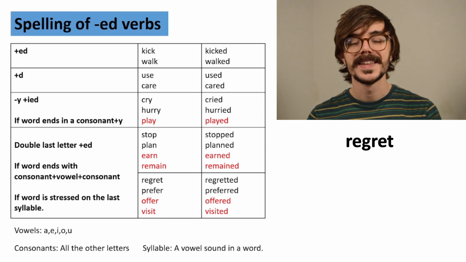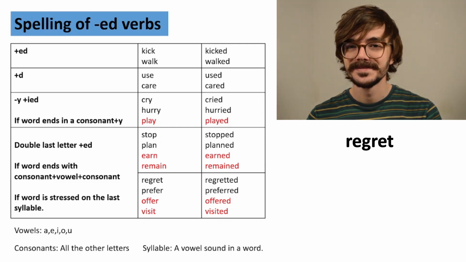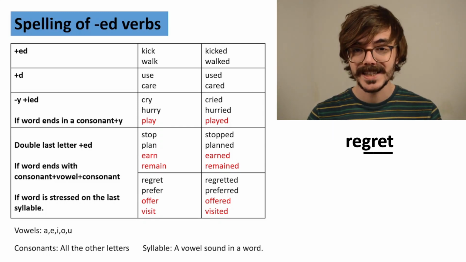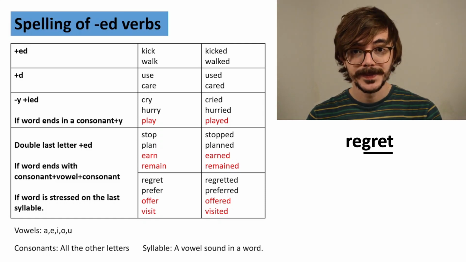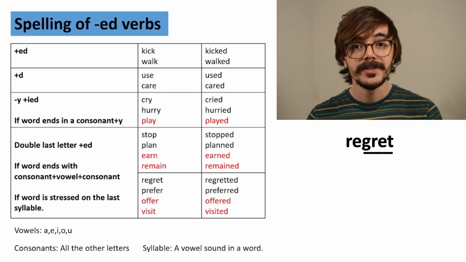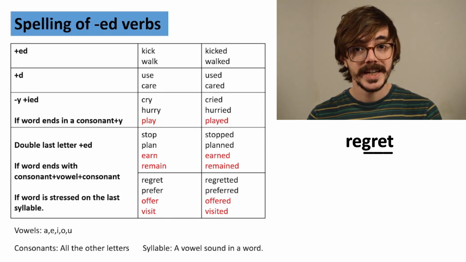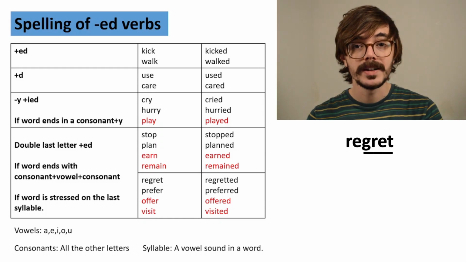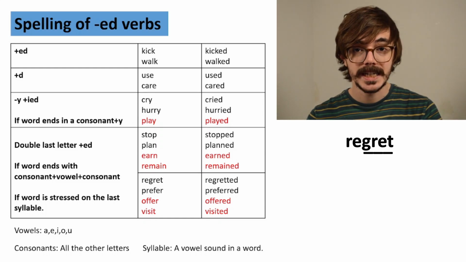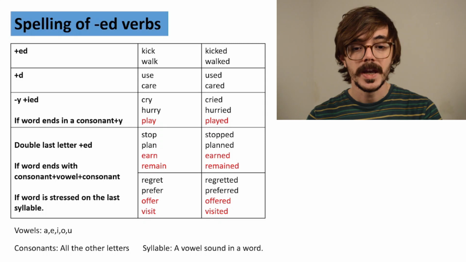Which one sounds right? Number 2, regret. We stress the second syllable. And in this word we have R-E-T at the end. Consonant, vowel, consonant. So we double our T. Regret, regretted, with two T's.